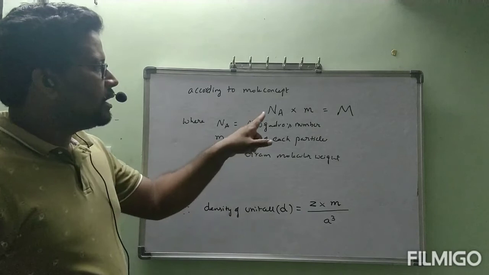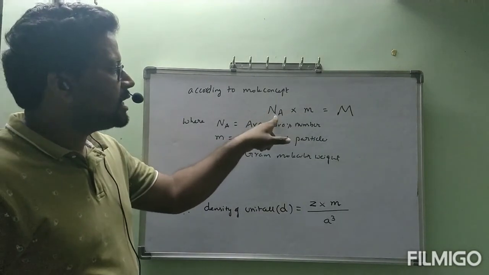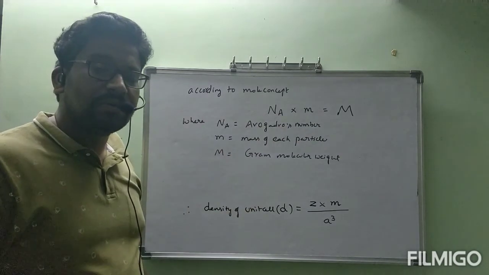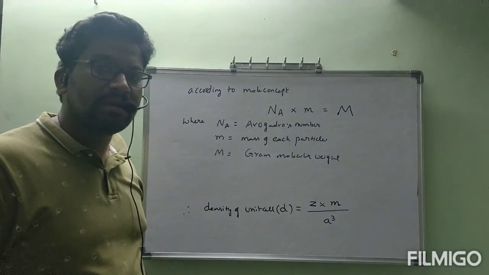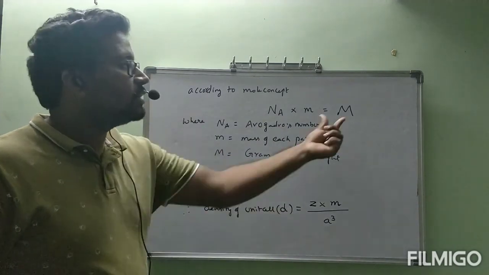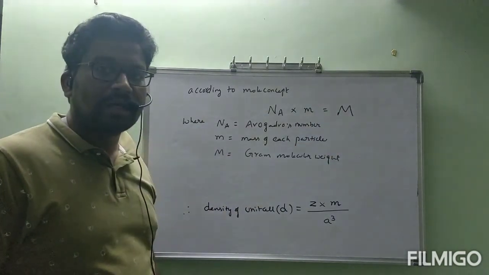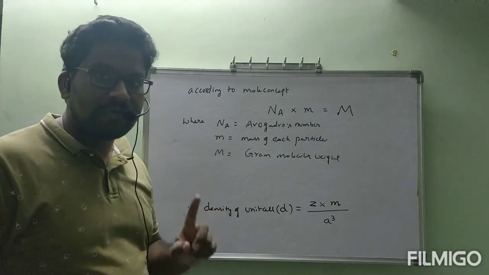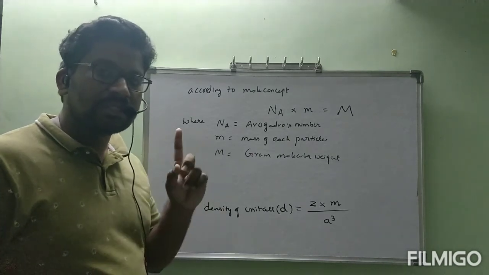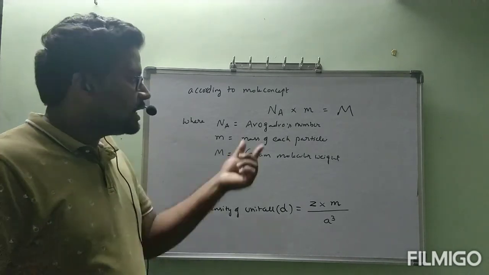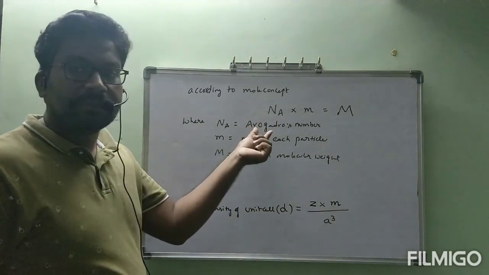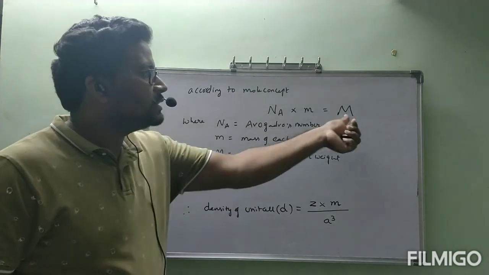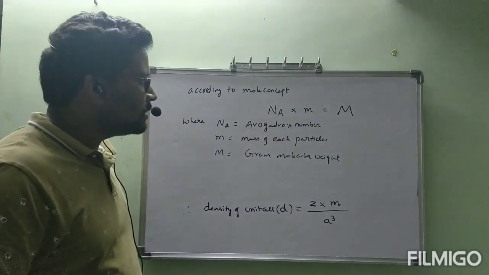See, mass of Avogadro number of particles, that is, mass of 6.023 into 10 power 23 particles of any substance, is called gram molecular weight or gram atomic weight. We know this definition. In 11th class, in mole concept, we saw that Na, Avogadro's number 6.023 into 10 power 23, into mass of each particle is called capital M, gram molecular weight.